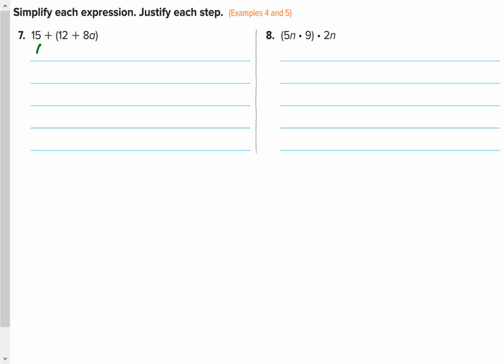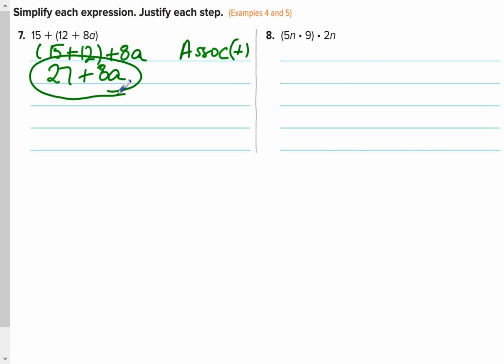So I'm going to do 15 plus 12 plus 8a. I can do that by the associative property of addition, and you can just basically group whatever numbers you want. So I'm going to get 27 plus 8a. And that's it. And again, remember, you can't add the variables and the numbers together.